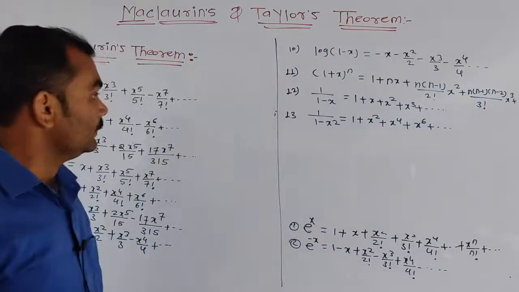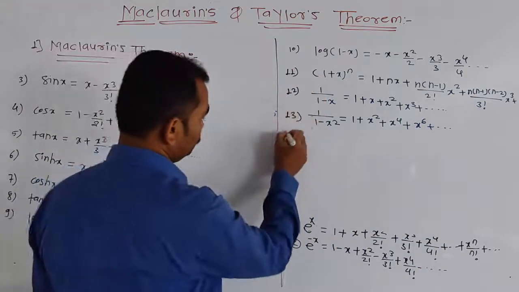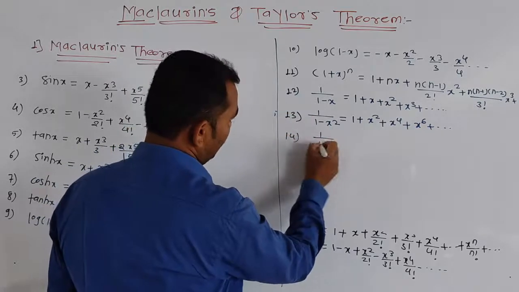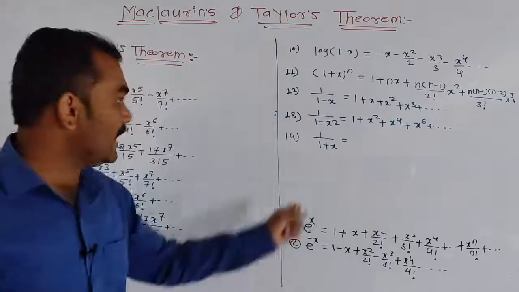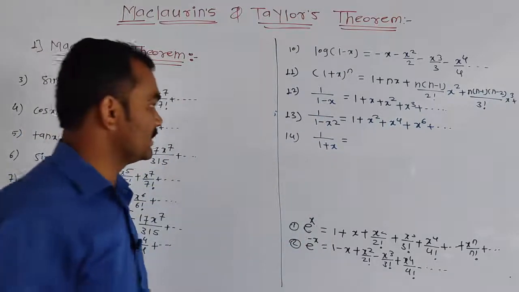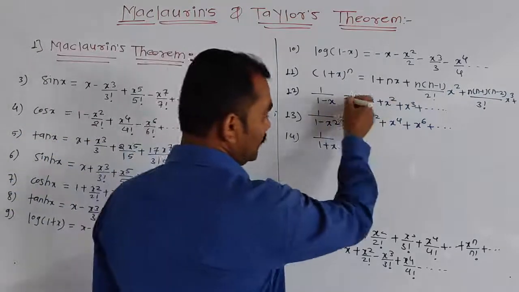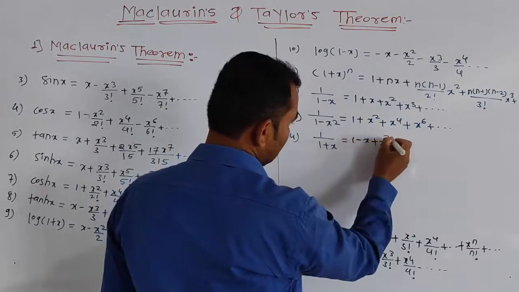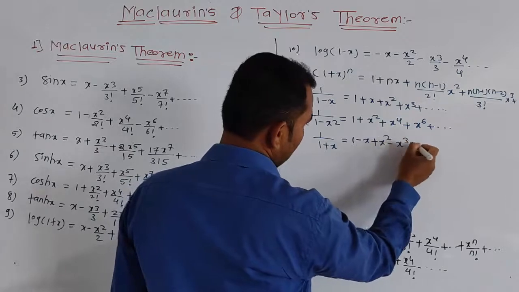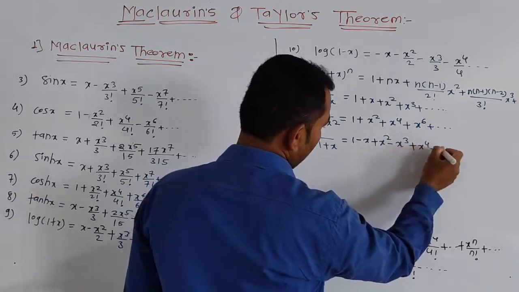Okay, then next 1 upon 1 plus x. Here is 1 upon 1 minus x and here is 1 upon 1 plus x. We get directly alternately the positive and negative sign: 1 minus x plus x square minus x cube plus x raised to 4 plus dot dot dot.